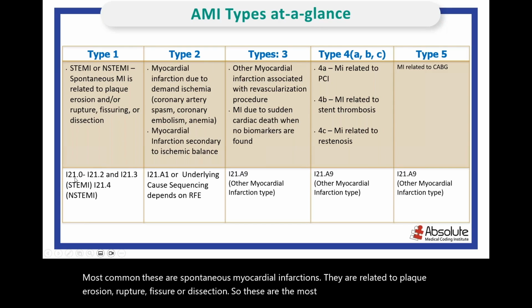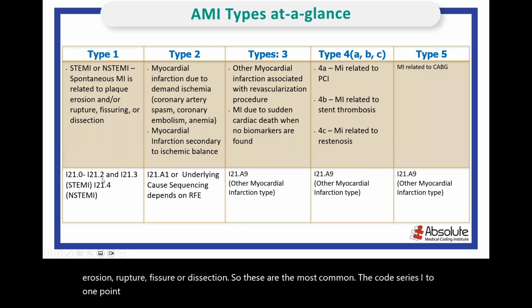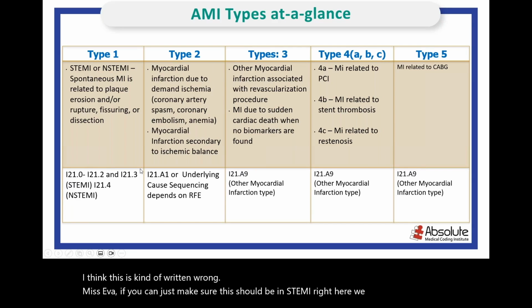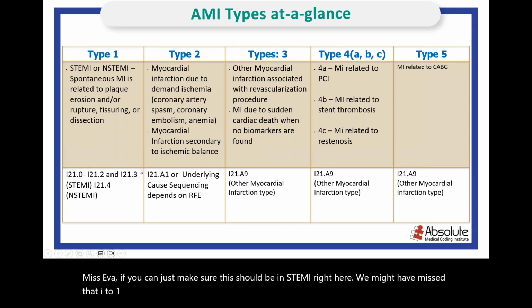The code series I21.0 through I21.3, and an NSTEMI is I21.4. I think this is kind of written wrong. Miss Eva, if you can just make sure this should be NSTEMI right here. We might have missed that. I21.4 is NSTEMI. If she can fix it, that'd be great.